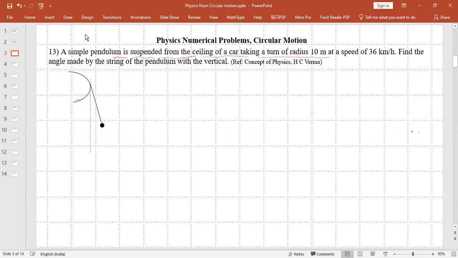So here is a car, taking a turn with a radius of 10 meters at a speed of 36 kilometers per hour. Find the angle made by the string. Obviously, if the car takes a left turn, the pendulum will swing towards the right. Find this angle theta.